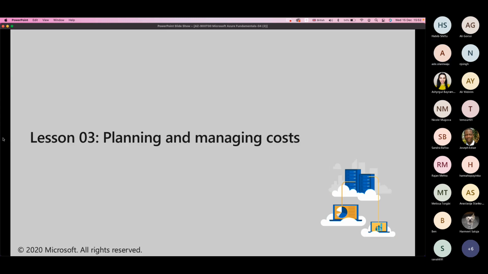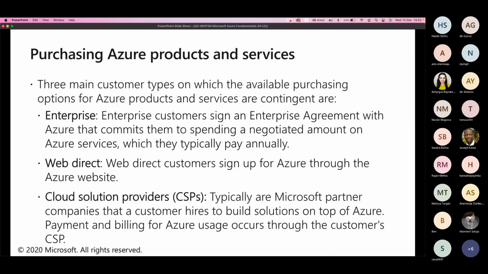So in terms of planning and managing costs, we have here purchasing Azure products and services. This is one of the things that's generally quite challenging.